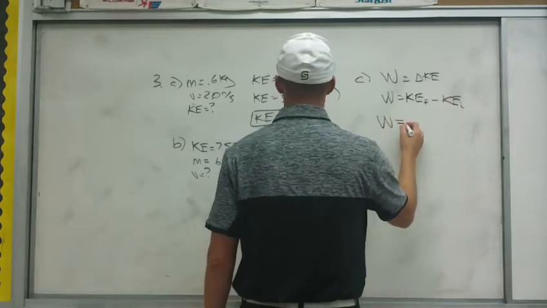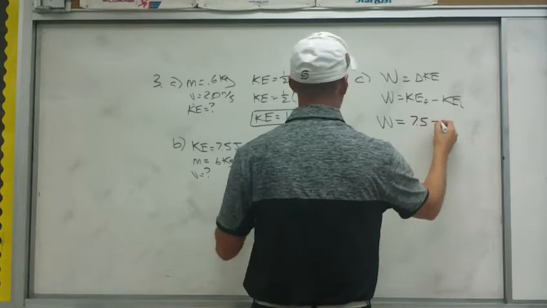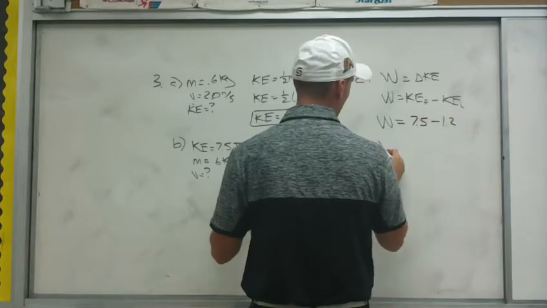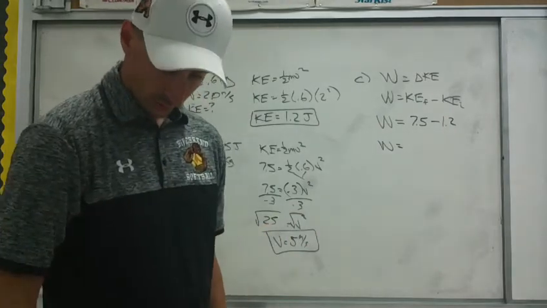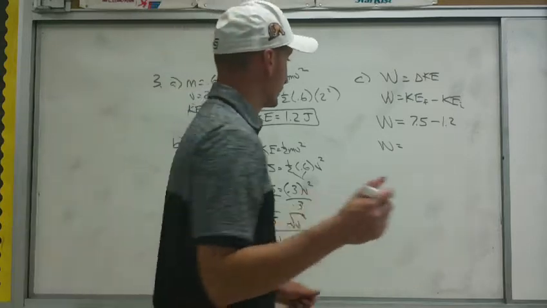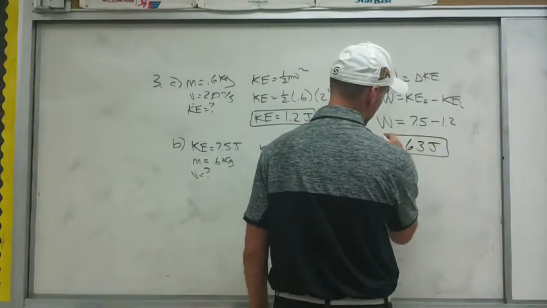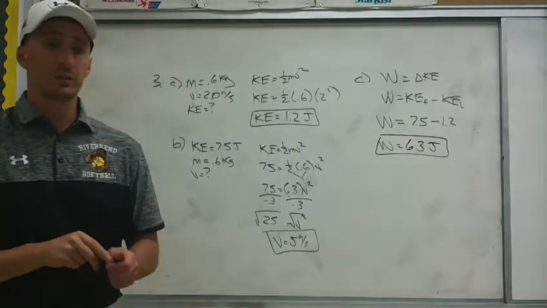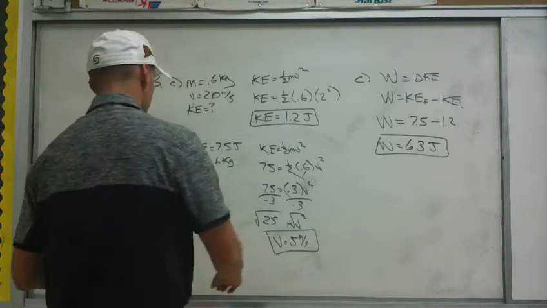Kinetic energy final was 7.5 minus kinetic energy initial, 1.2. 7.5 minus 1.2 is 6.3 joules. All right, these are basic. You're just using basic equations, nothing tricky here. Just keep rolling.